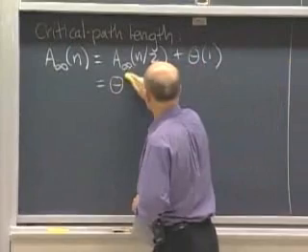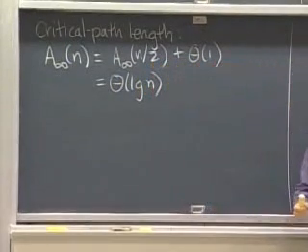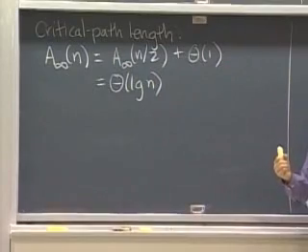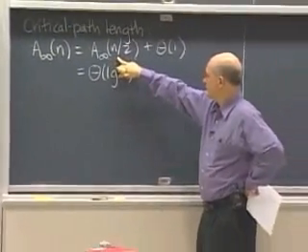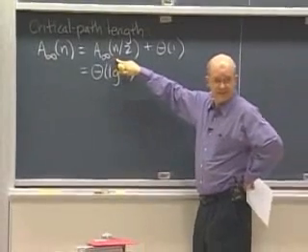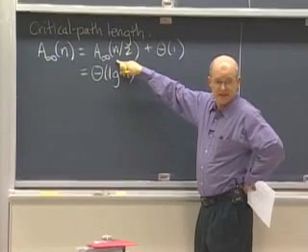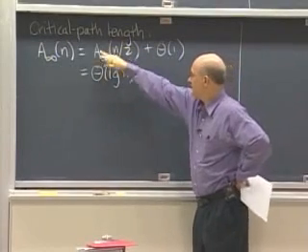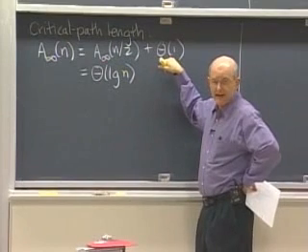Yeah, that's theta log n. Once again, master theorem case 2. Because n to the log base 2 of 1 is n to the 0, so on this side we have 1, and here we're comparing it with 1.